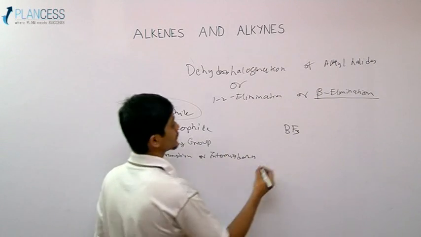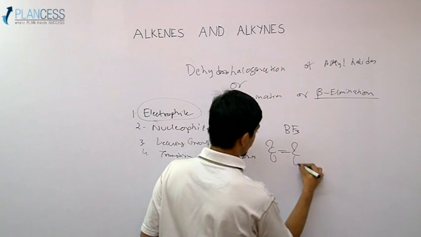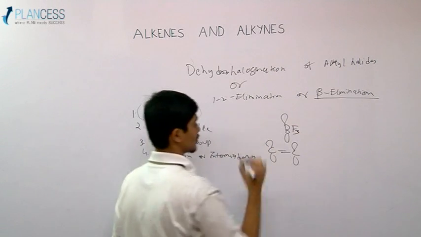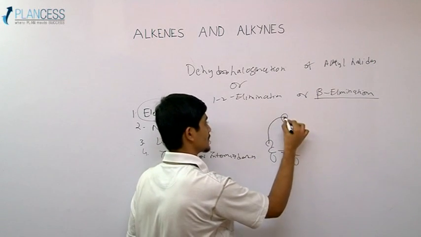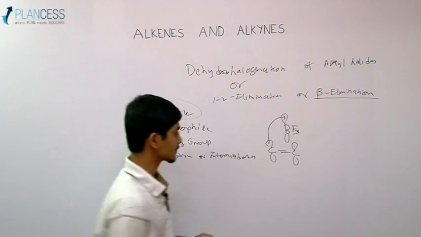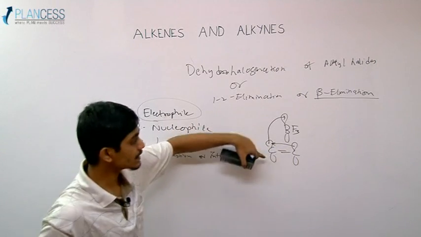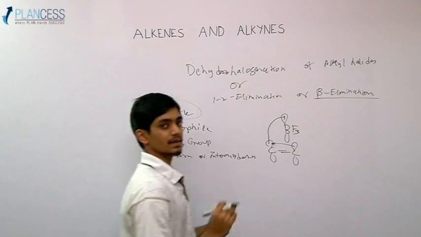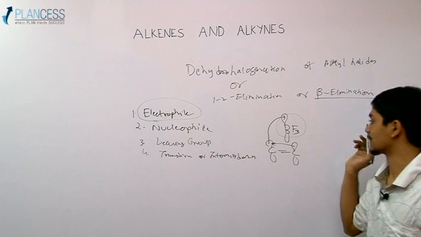If any pi bond density is available, it can be donated into this empty orbital and taken away. So the pi bond breaks and a new bond between the carbon and the boron forms. So that is what an electrophile is.